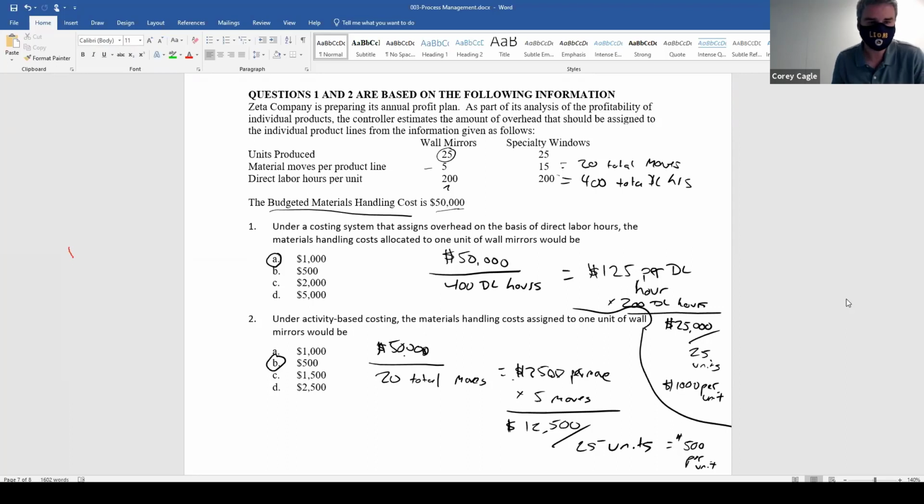There are more overhead costs that are unknown in this problem that have something to do with other things. You know, there might be setup costs. So those would be driven by how many setups are required to do this product line, how many setups for the other, and develop a whole bunch of different rates with a whole bunch of different drivers.